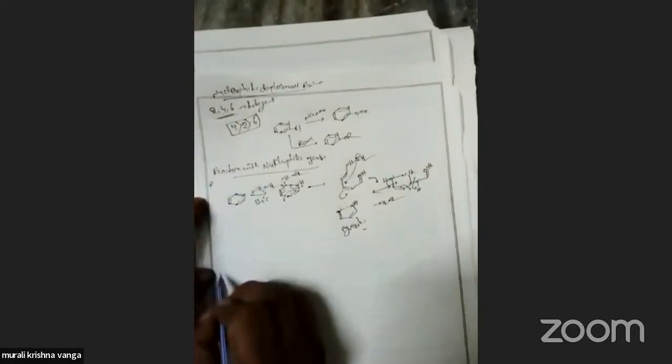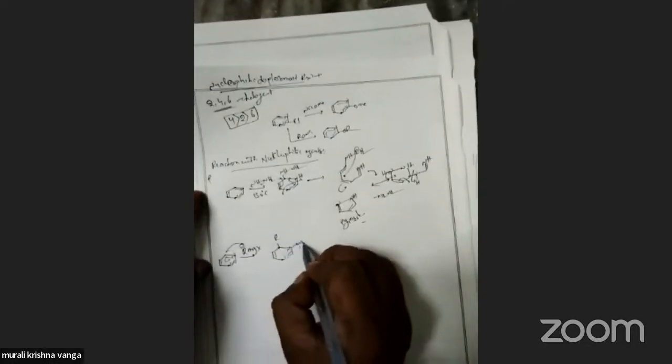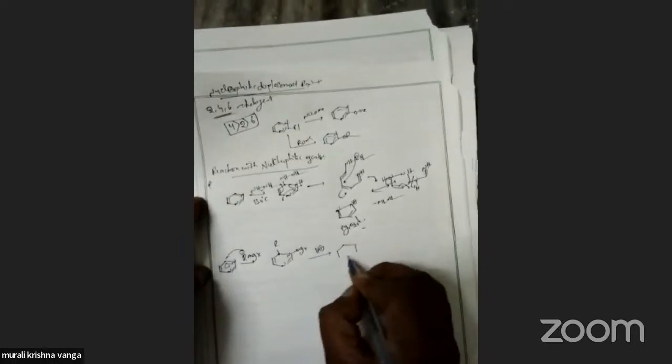Next one is reaction with Grignard reagent. RMgX Grignard reagent is involved in nucleophilic addition, then reacting with H plus gives NH compound.